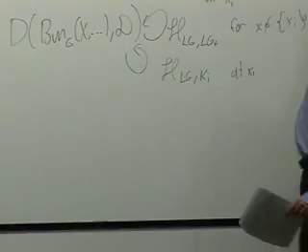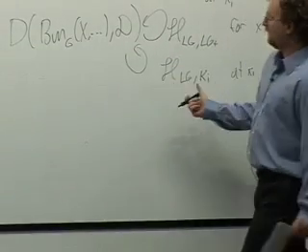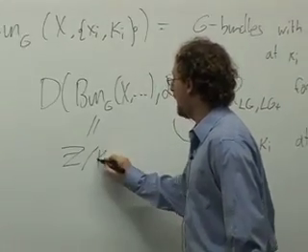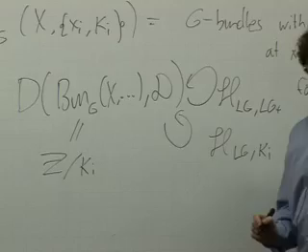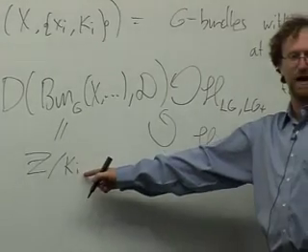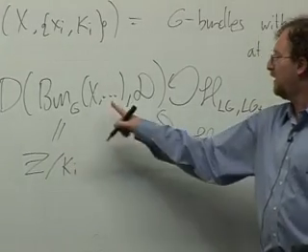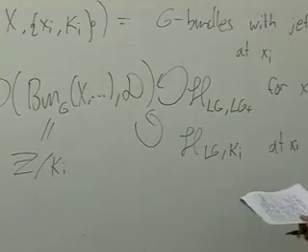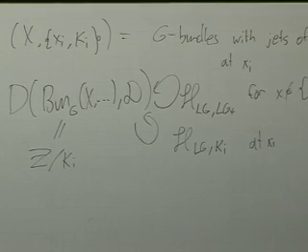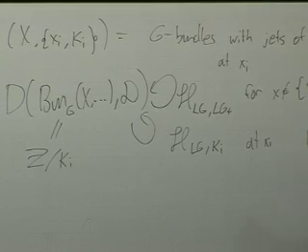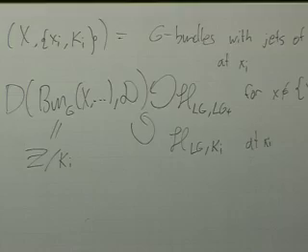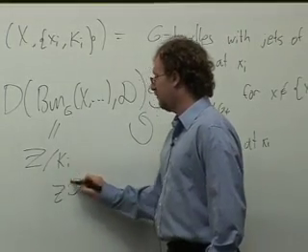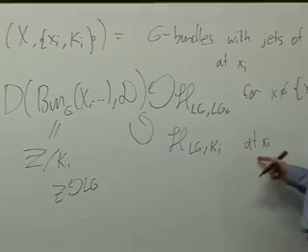Why does it do this? Because this space is something of the form Z mod Ki, where Z is something on which the loop group acts. If you look at the moduli space of bundles with the same decoration, except at the point xi, take a full formal trivialization rather than just a little germ of it. So it's a space of the form Z mod Ki where Z is something with a loop group action. Therefore, it carries an action of these Hecke algebras.